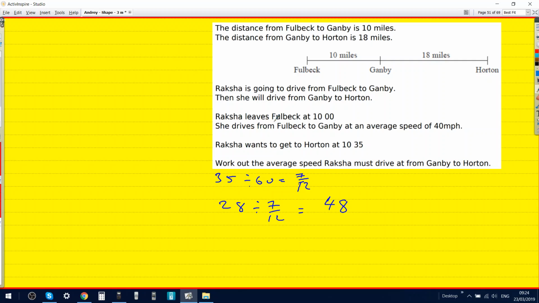Let's see. So full back to Gambia, 40 miles per hour. From Gambia to Horton. What time does she reach Gambia?